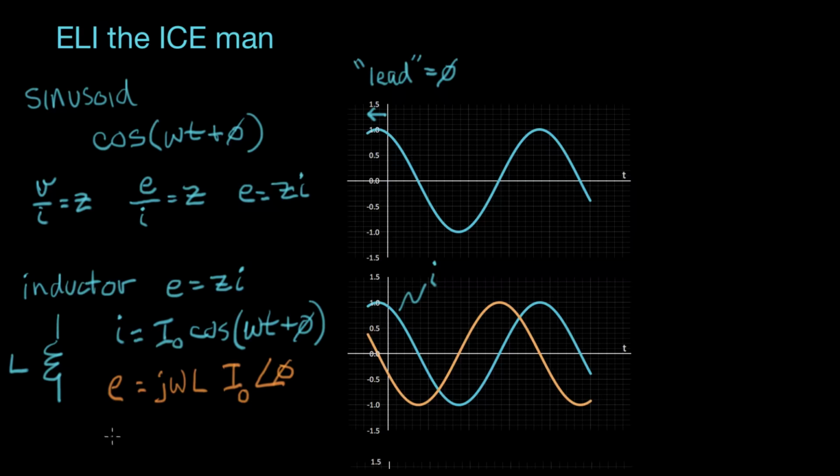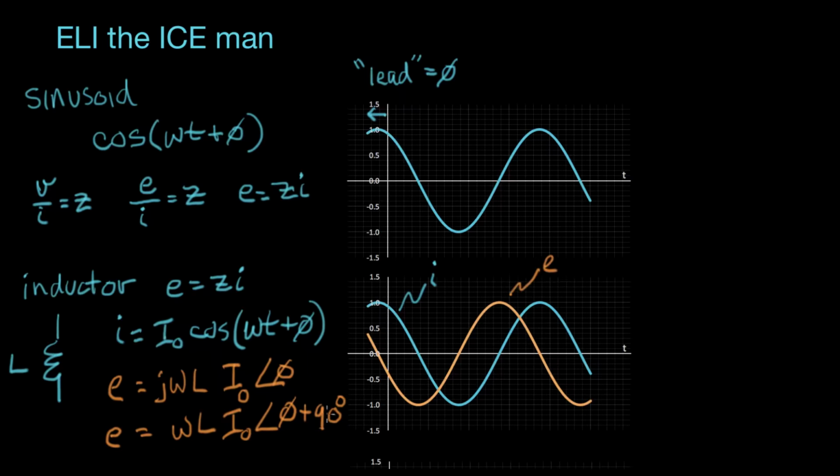And so I can write this as E equals, let's put the scaling factor out there, and we'll have I naught, which is the original magnitude of the current. And phi changes. Phi becomes phi plus 90. This multiplication by j corresponds to adding 90 degrees to phi. So multiplying by j corresponds to a 90-degree phase shift. And if I draw here, this is now E.